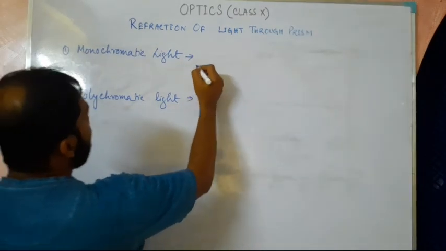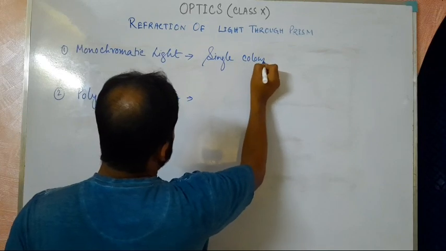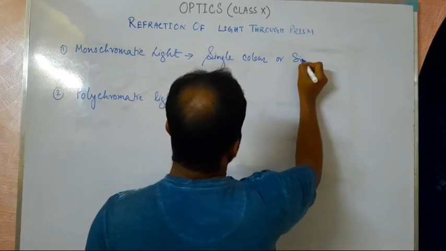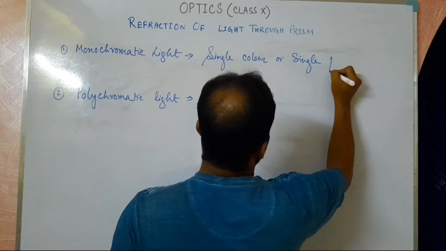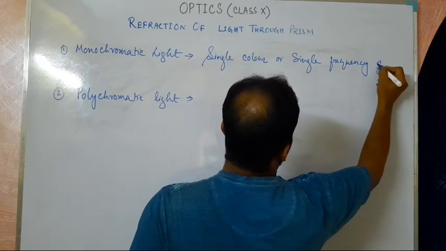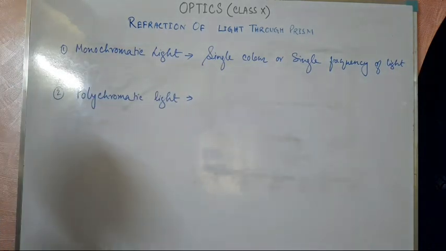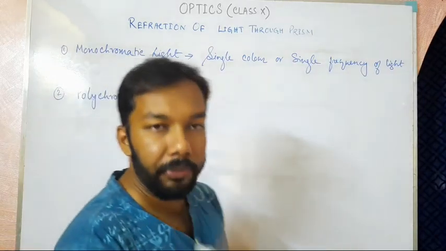Monochromatic light means single color or single frequency of light. That means a light which contains only one frequency.